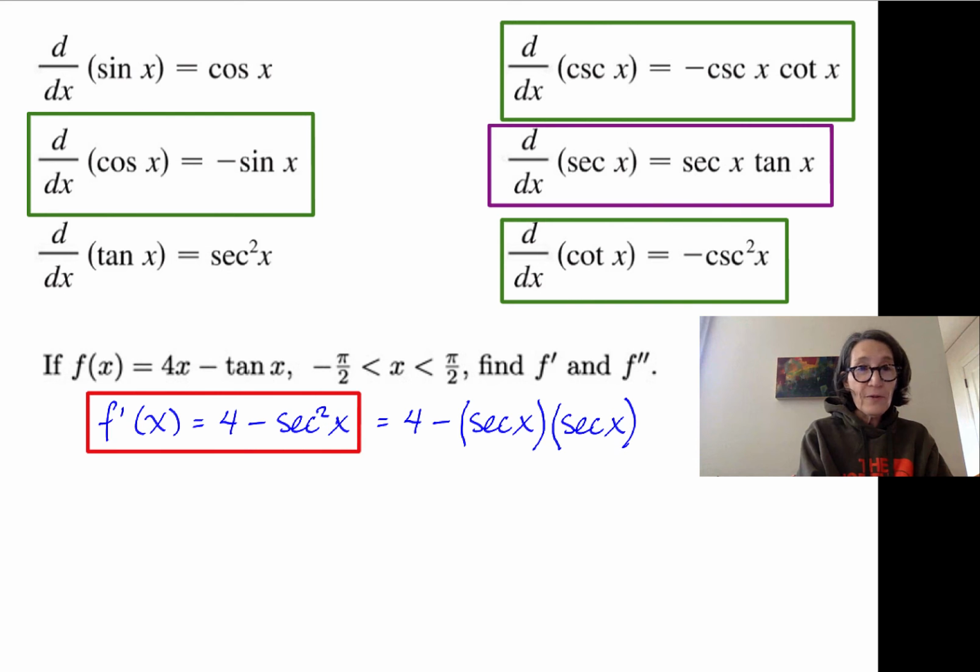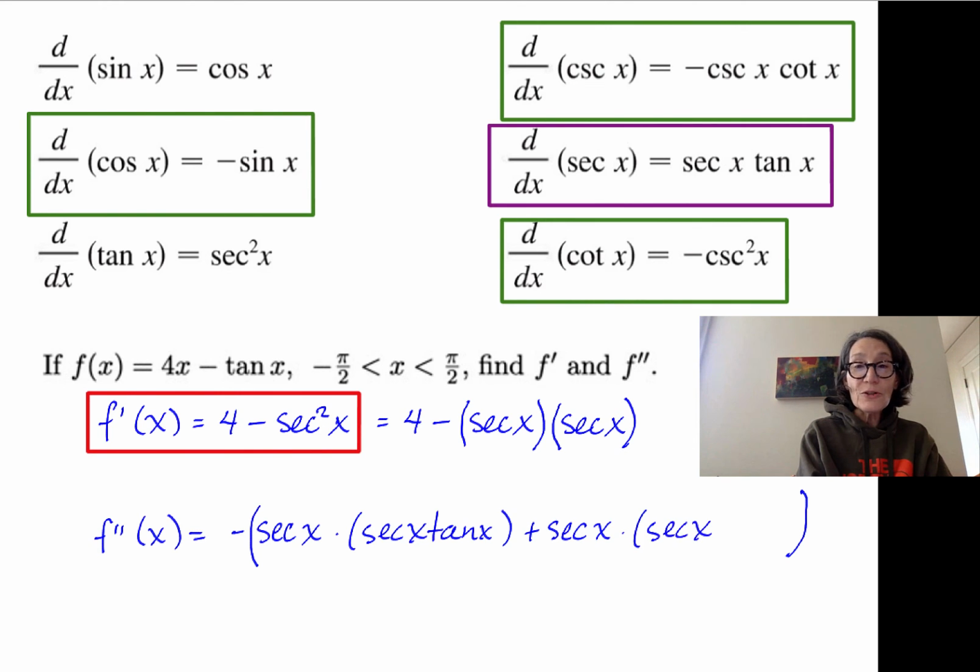All right, so let's differentiate f prime to get f double prime. So remember, it's going to be 0 minus, and now the derivative of that product is going to be the first times the derivative of the second, and the derivative of secant is secant x tan x, plus the second times the derivative of the first, which is secant x tan x again.